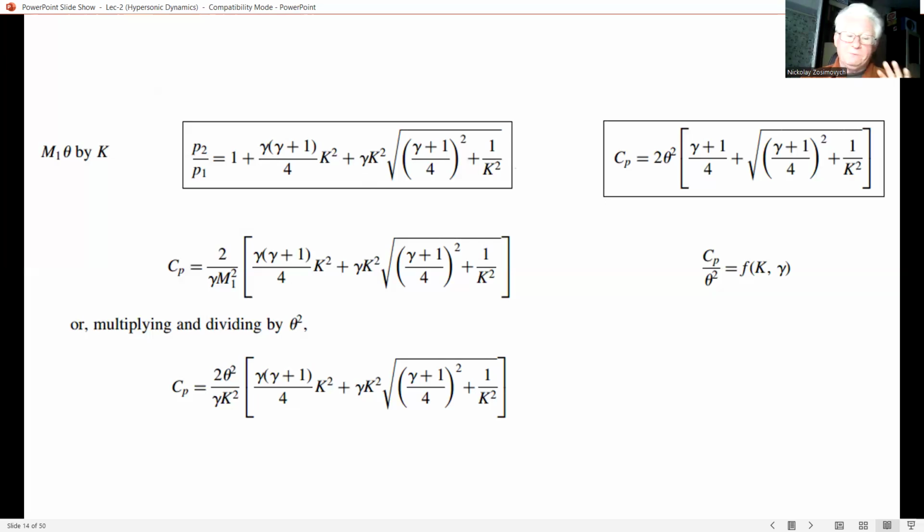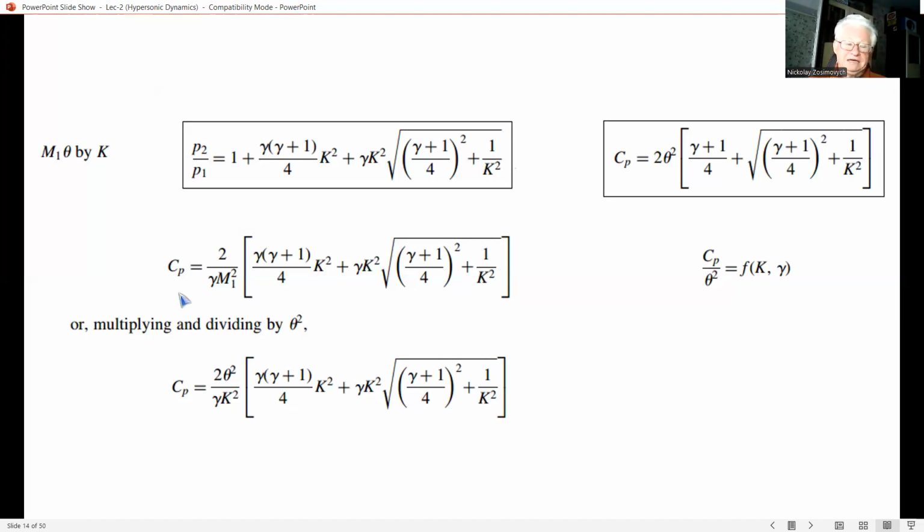To round out our present discussion of the hypersonic similarity parameter, consider the pressure coefficient defined earlier, and after substituting in our final equation, we obtain this expression for Cp.